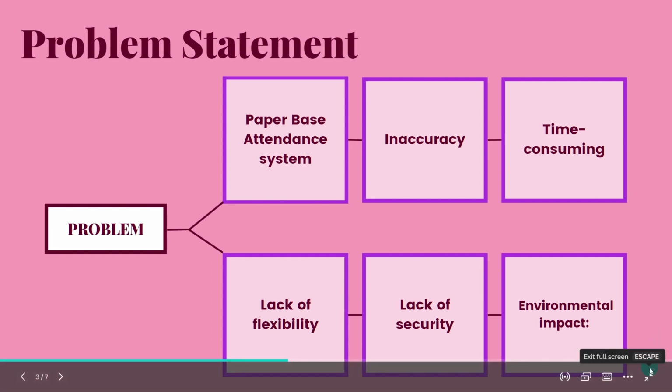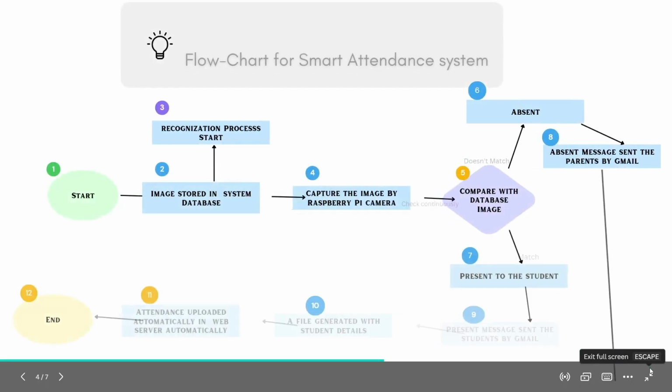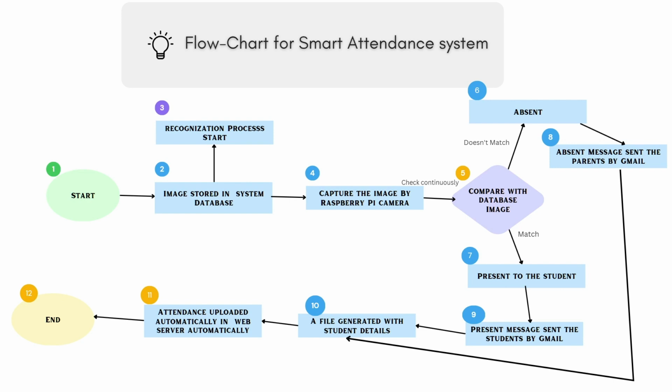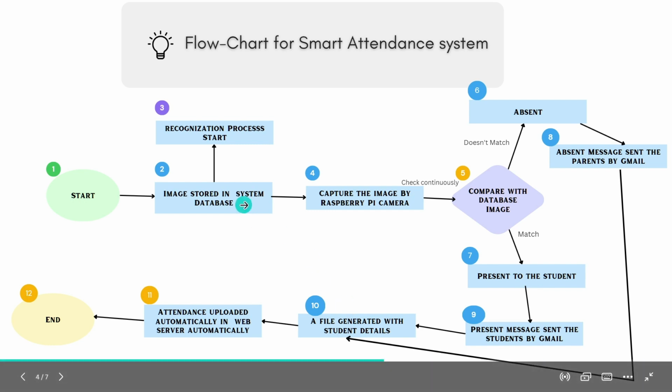Next we come to the flowchart for the smart attendance system. First, the project starts, and then the images of the students are stored in the system database.